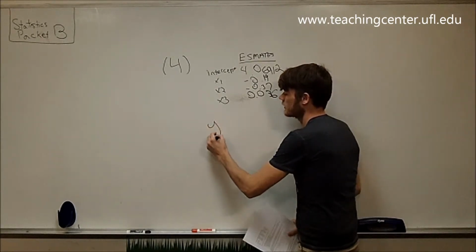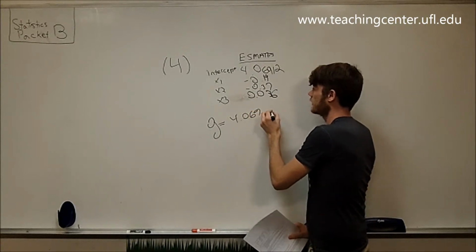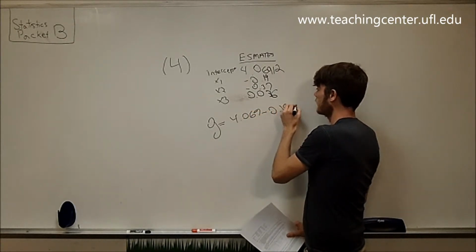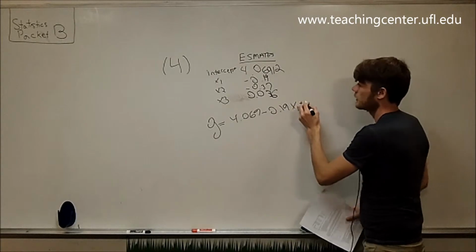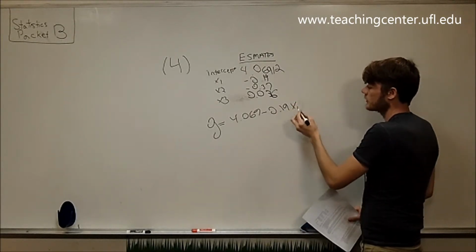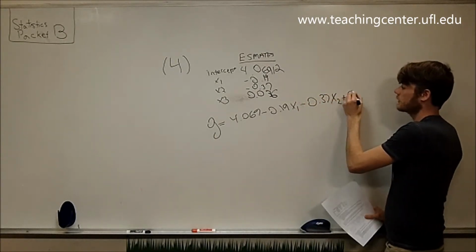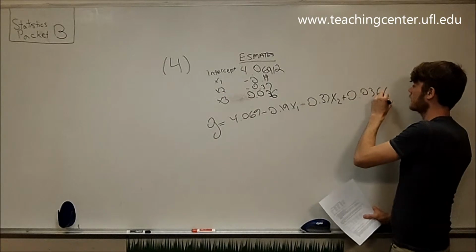So our y hat equals 4.069 minus 0.19 x1 minus 0.37 x2 plus 0.036 x3.